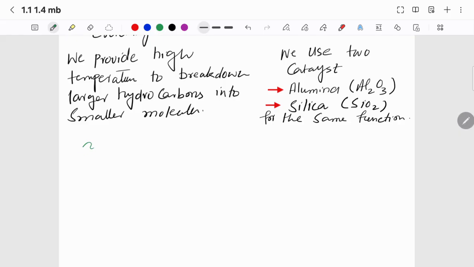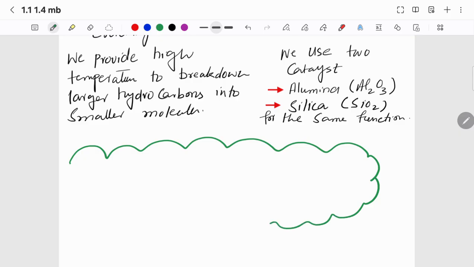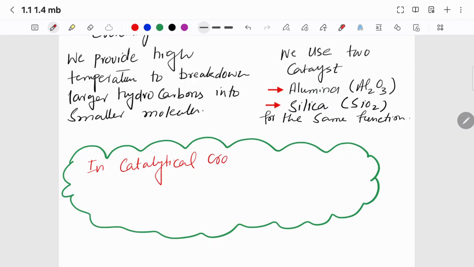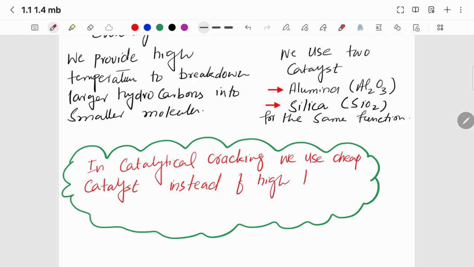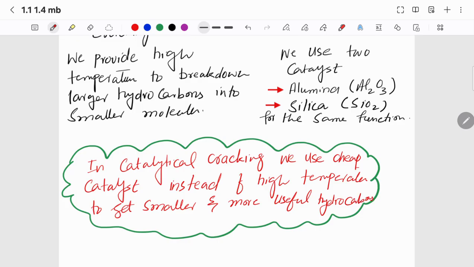So let me write it. We use cheap catalyst instead of high temperature to get smaller and more useful hydrocarbons.